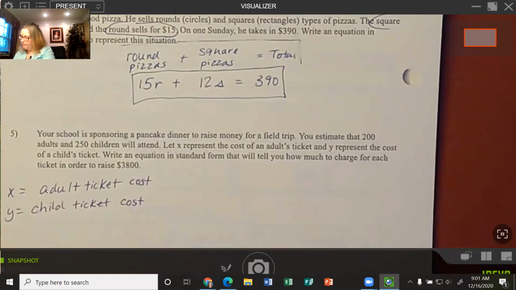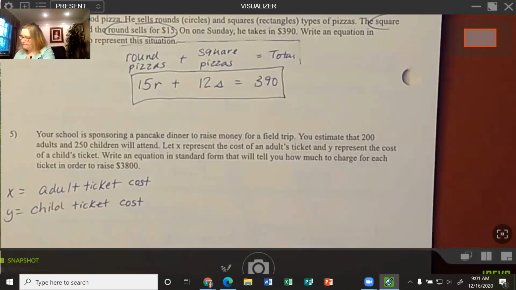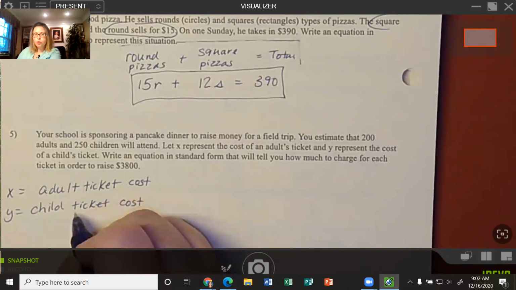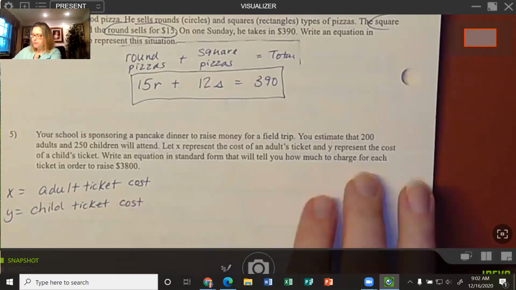We want to write an equation in standard form that will tell how much to charge for each ticket in order to raise $3,800. So adult tickets plus children's tickets would give us a total of $3,800.